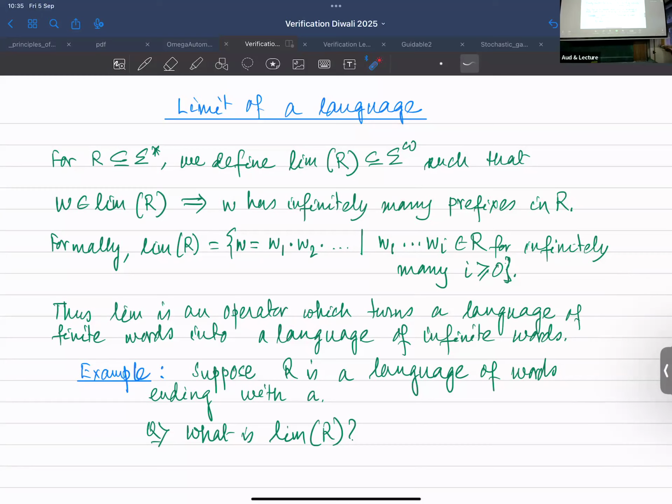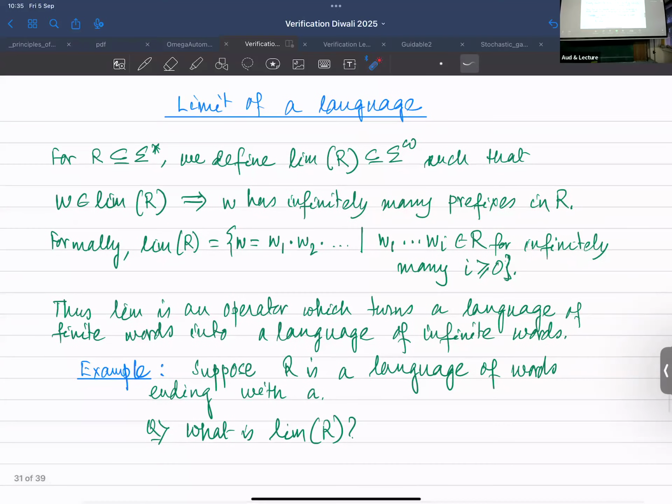So what does the limit operator do? It takes a language over finite words and gives you a language over infinite words. R is a language over finite words, and you are getting a language over infinite words. If W belongs to the limit of R, then W has infinitely many prefixes in R. Here W belongs to sigma omega, it's an infinite word.